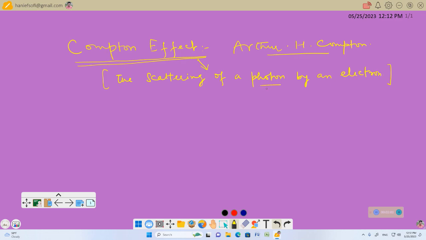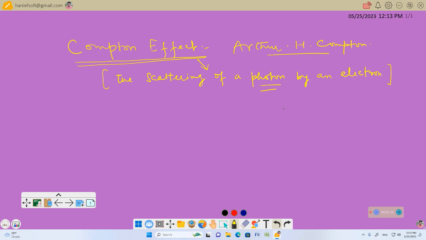Remember what is photon? Photon is the energy particle. In the discussion of photoelectric effect, we said light under certain circumstances behaves like a stream of particles, and those particles which are localized energy bundles are called photons.